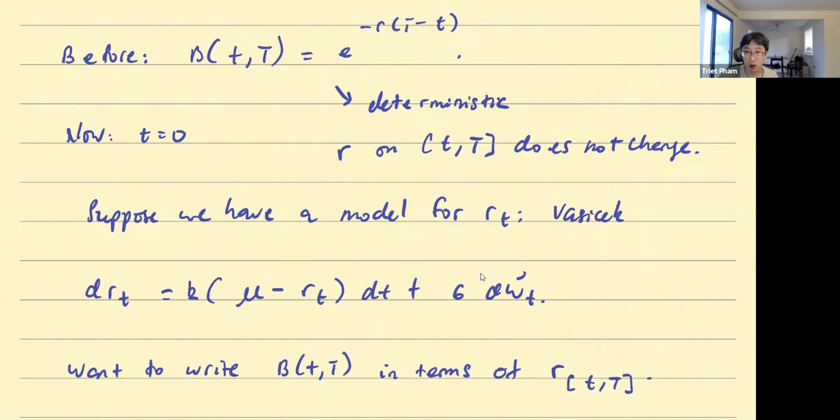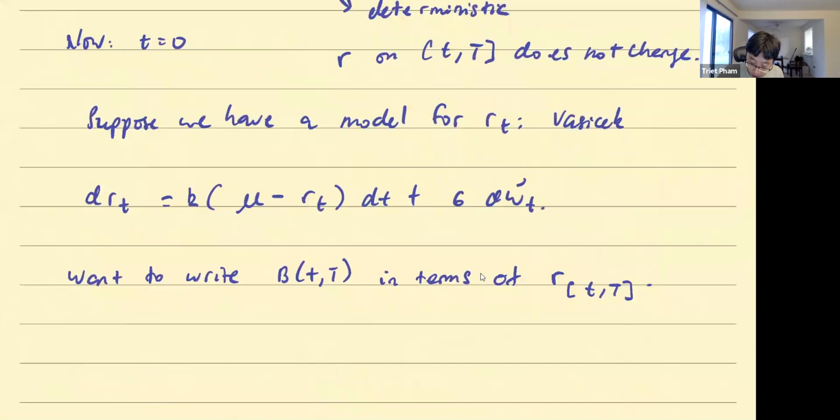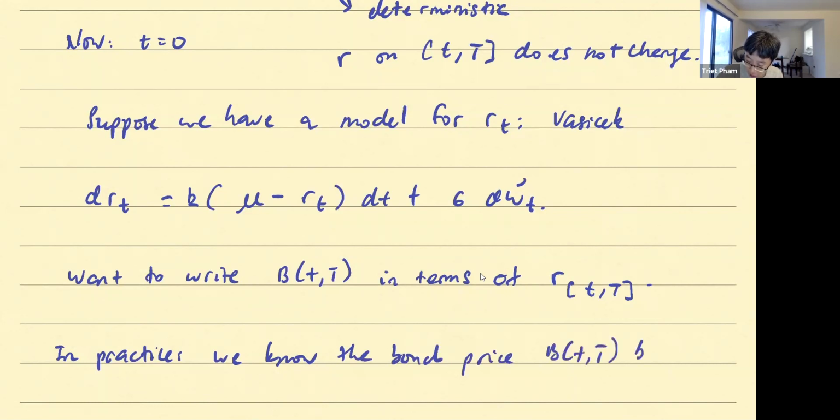Now, as with everything we do in this class, we do things in the opposite of what the market really says. In practice, what you know is B(t, T) from the market price. We know the bond price by observing the market.